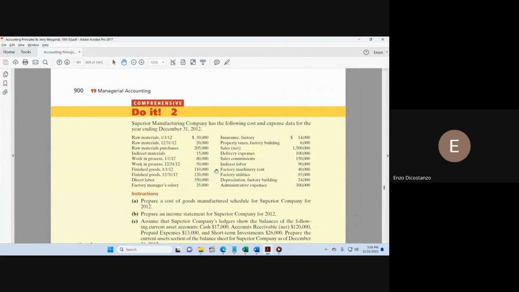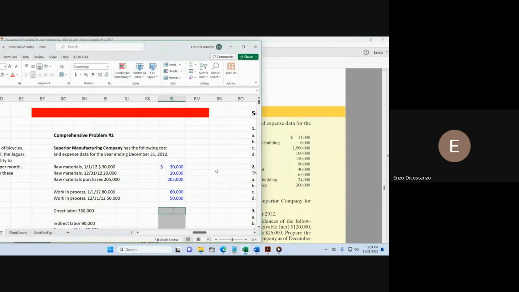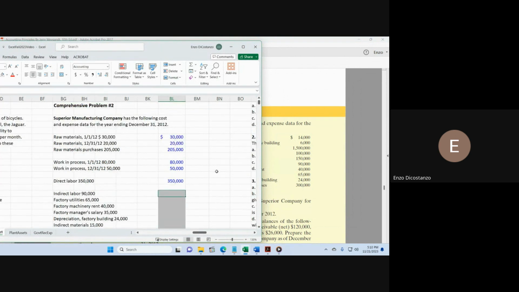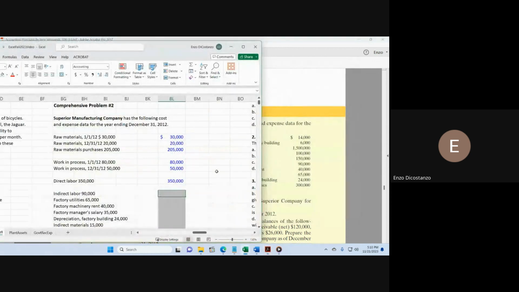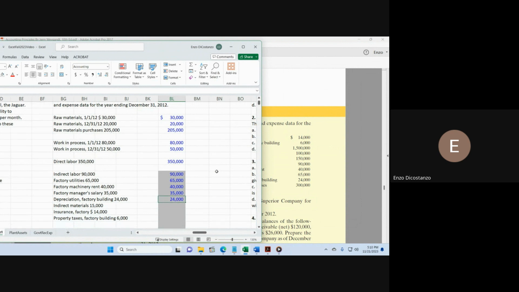Direct labor, 350. Indirect labor is 90. Utilities in the factory, 65. Machinery rent, 40,000. Factory managers' compensation. Depreciation in the factory building.